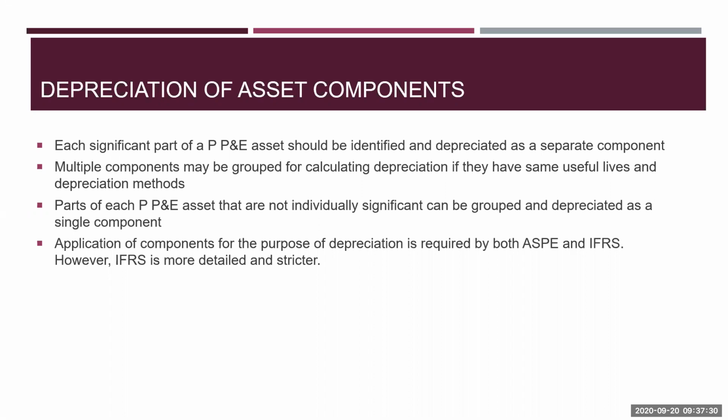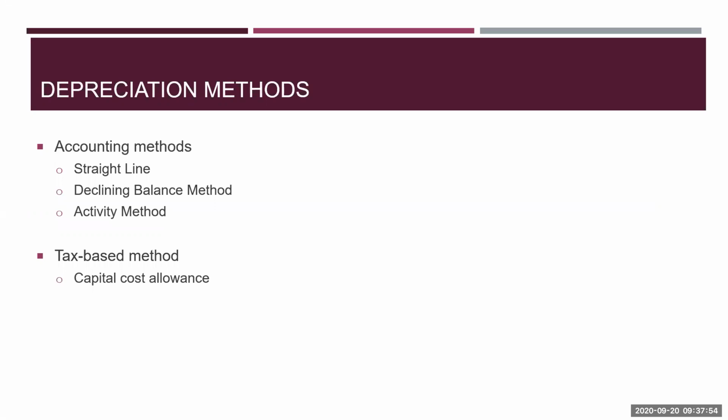So parts of each PP&E asset that are not individually significant can be grouped and depreciated as a single component. Applying components for the purposes of depreciation is required by both ASPE and IFRS. However, IFRS is more detailed and stricter. So under IFRS, there are stricter guidelines when it comes to componentization.